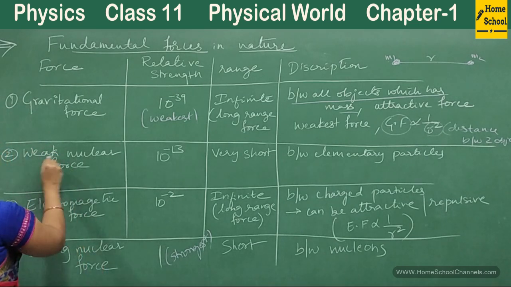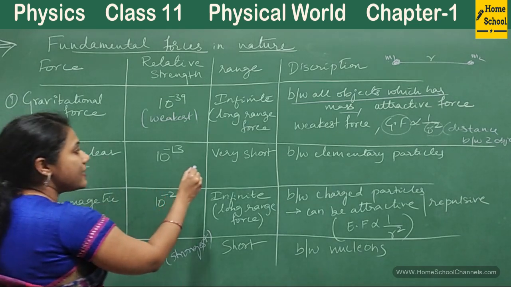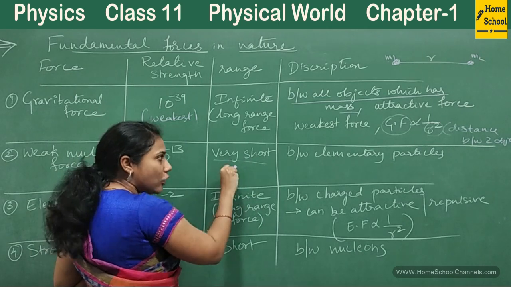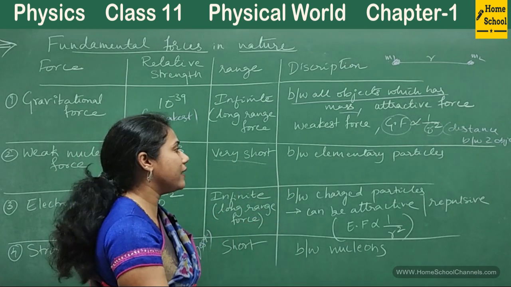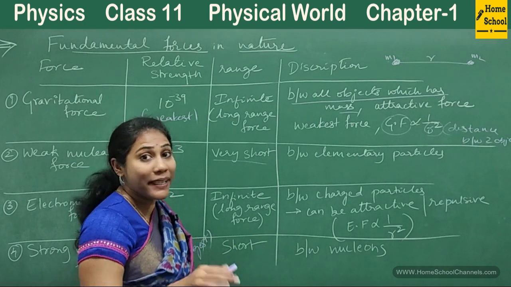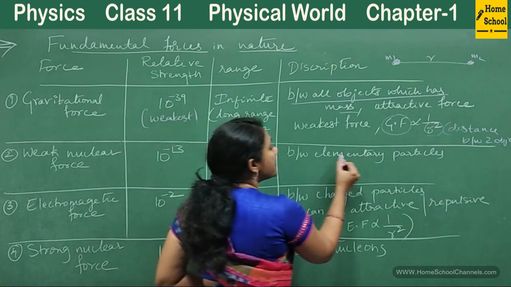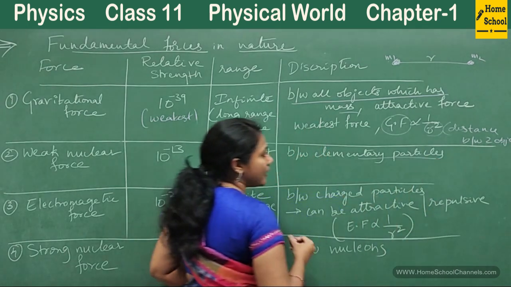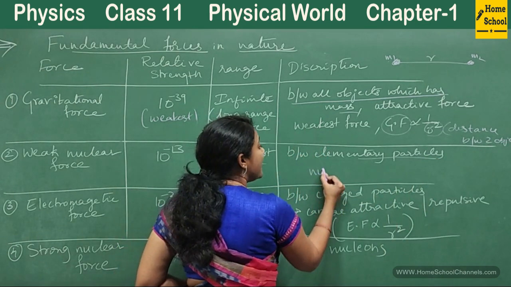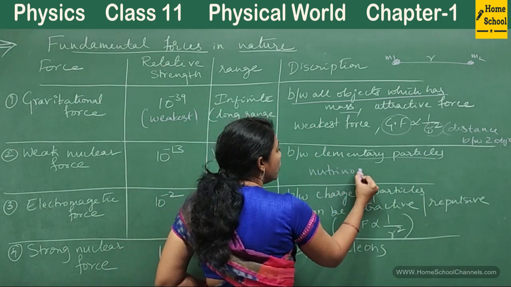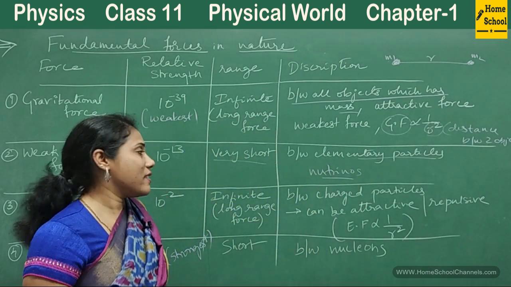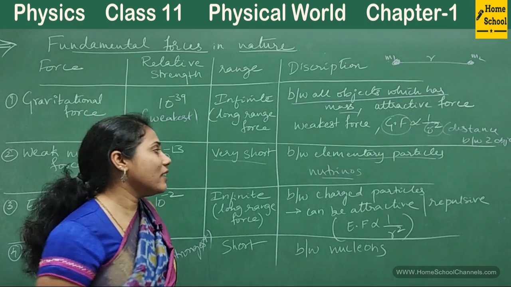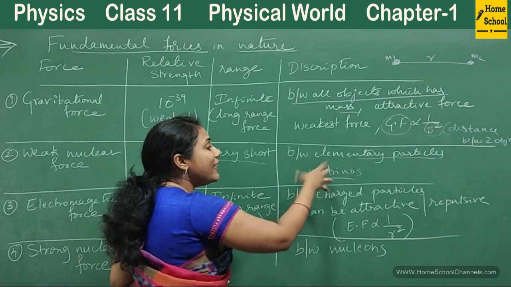Coming to weak nuclear force, this is observed only between particles, not between very big objects. It is always observed between elementary particles, such as neutrinos. I told you about neutrinos, right? During beta decay you will observe certain particles called neutrinos, which don't live for a long time.